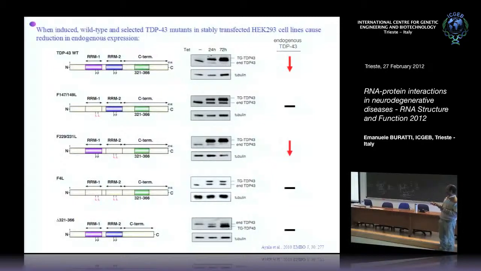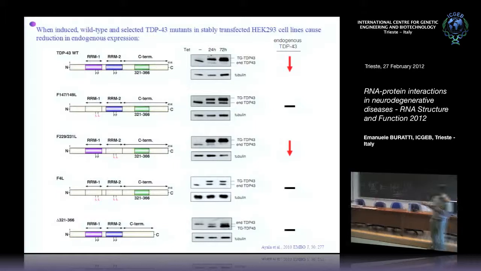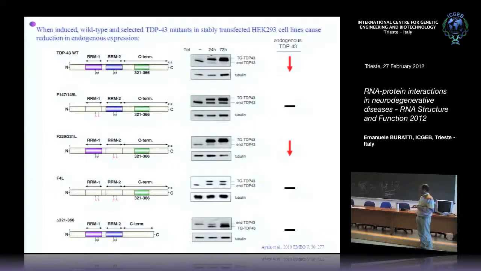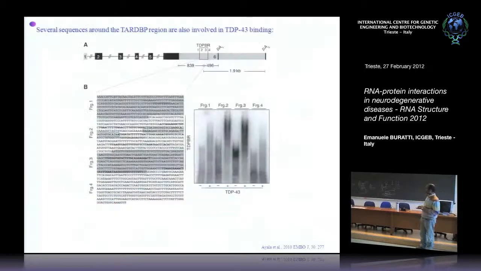So obviously there was an autoregulation mechanism going on, and that was dependent on the ability of TDP-43 to bind RNA.